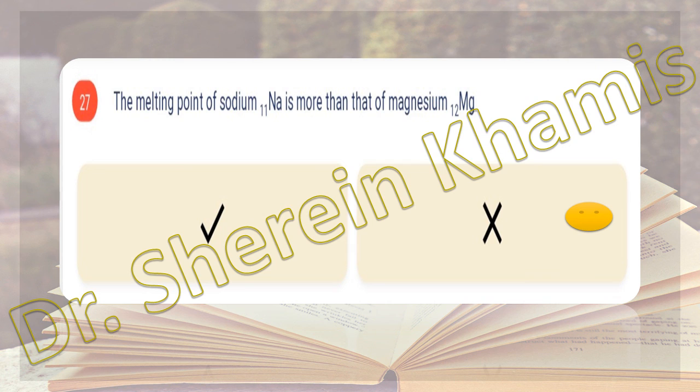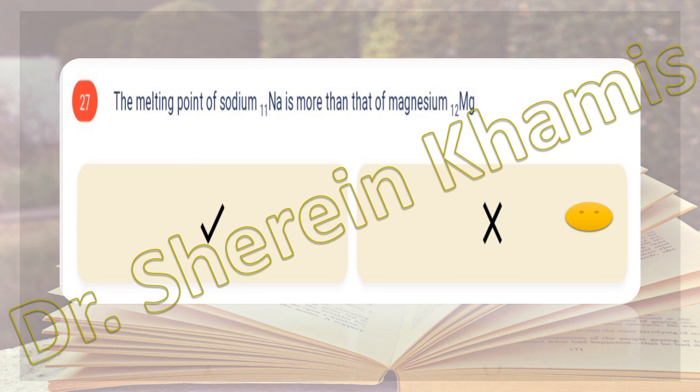We have all the metals of period 3 starting from group 1A, 2A, and 3A: sodium, magnesium, and aluminium. Na has 1 electron, magnesium has 2 electrons, and aluminium has 3 electrons. So by increasing the number of electrons, the strength of the element as a metal increases.